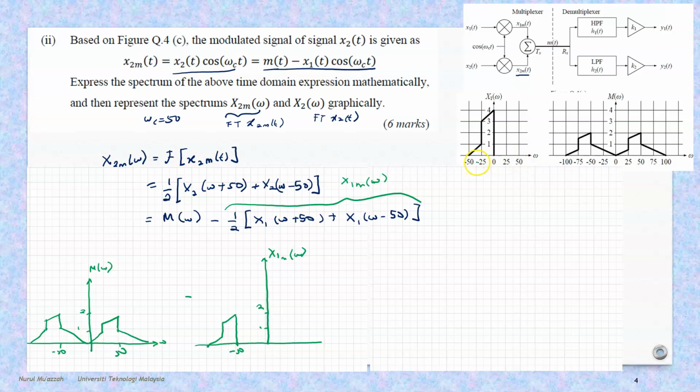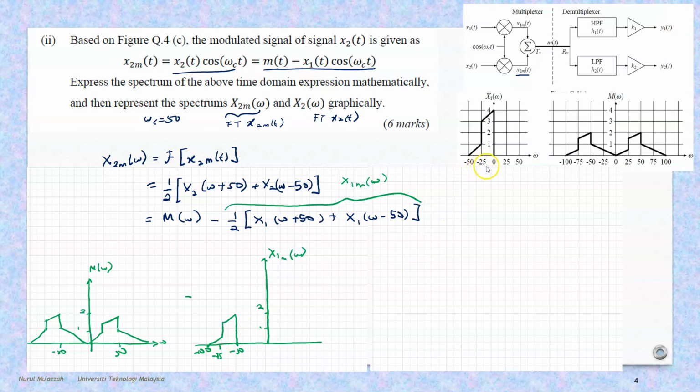And this part, the end of the signal at negative 50, is shifted to 0, because basically you shifted to the right by 50, so this point should be at 0. For the positive part, on the other hand, this point should be at negative 75, because this is negative 25.